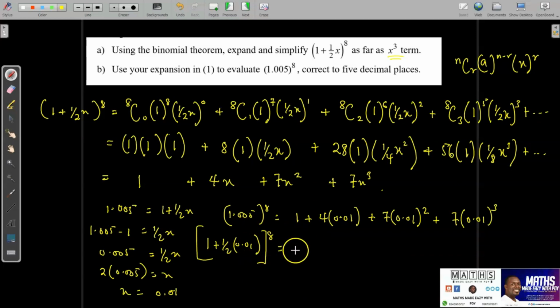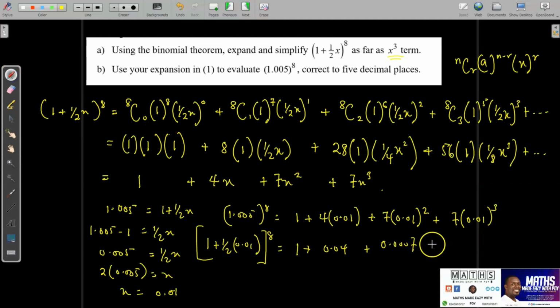So please, going further, 1 plus 4 times 0.01, what answer do we have? 0.04. Then plus this one, 0.01 all squared times 7 directly. What are you getting? 0.0007. All right. So 3 zeros with a 7, right?